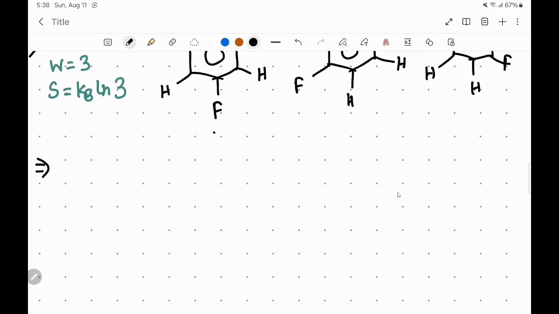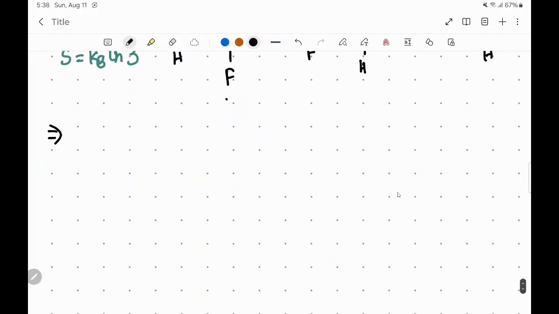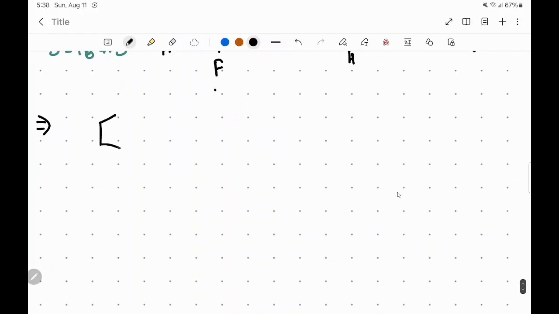Now you do 1,2-difluorobenzene, ortho. Now how many arrangements will be there? Just take the possible orientations.